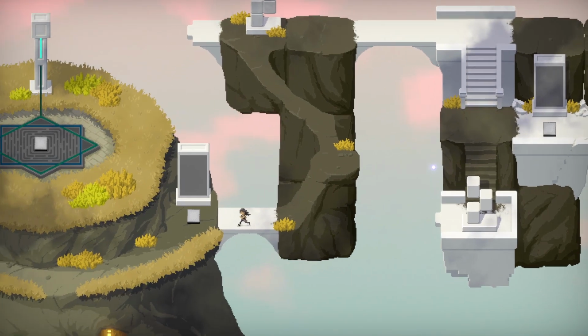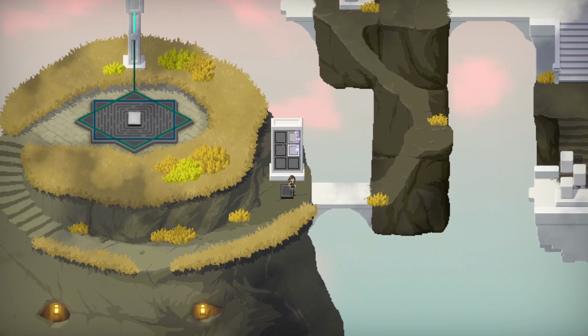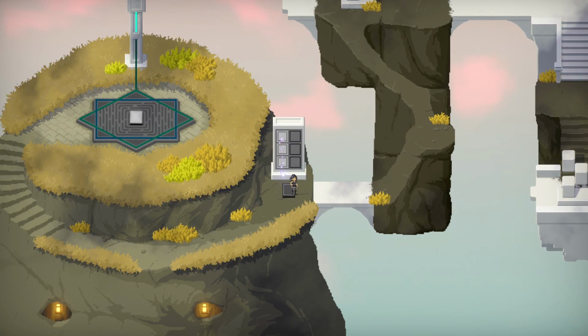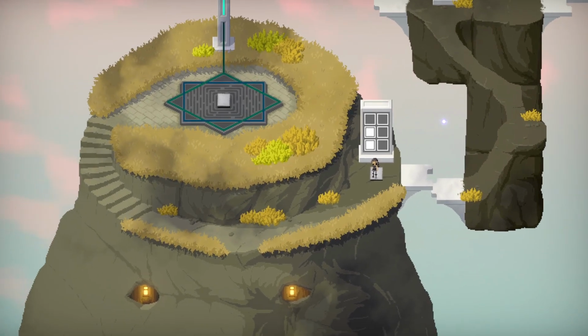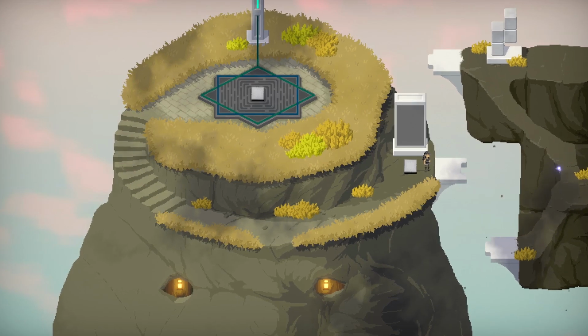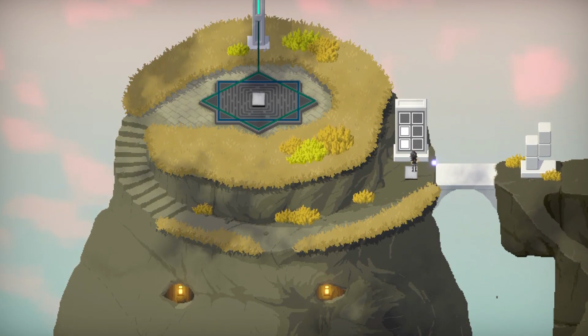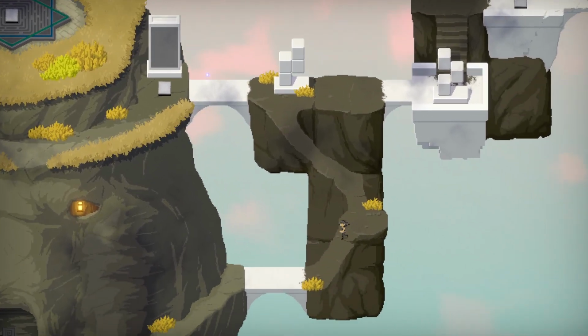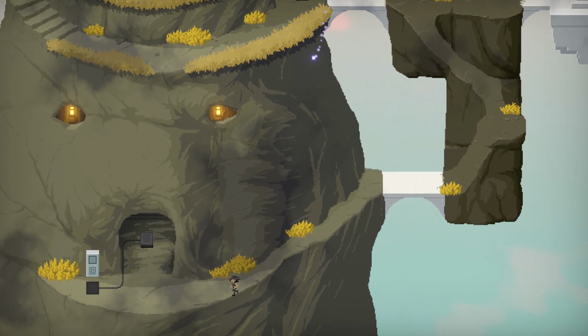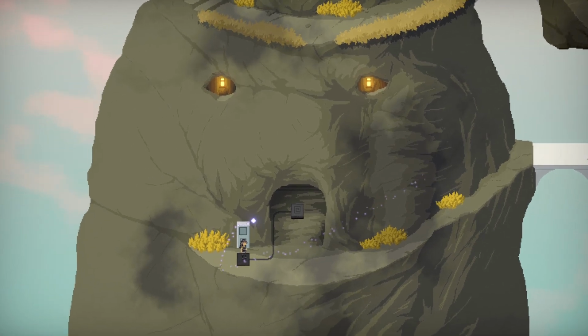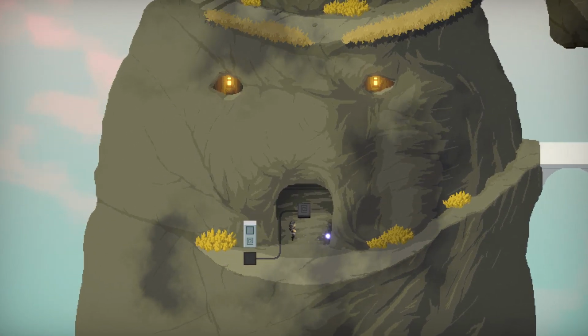But the platform's L-shaped. And black would be the... Yep. So you put the Tetris L in as negative space. Here we go. And there's a teleporter. That doesn't work.